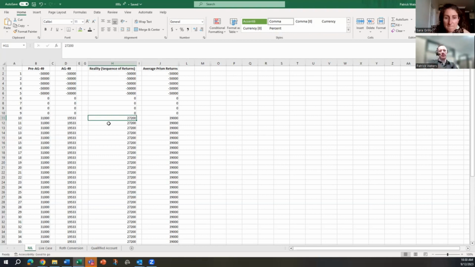But the illustration software will say, how do you want to take your distributions? And you would just do level every year, which again is oversimplifying what should be a very complex procedure. But this is trying to give you an idea of what might be possible if, in the extremely unlikely event, we get a level set of returns every year for the first 10 years.